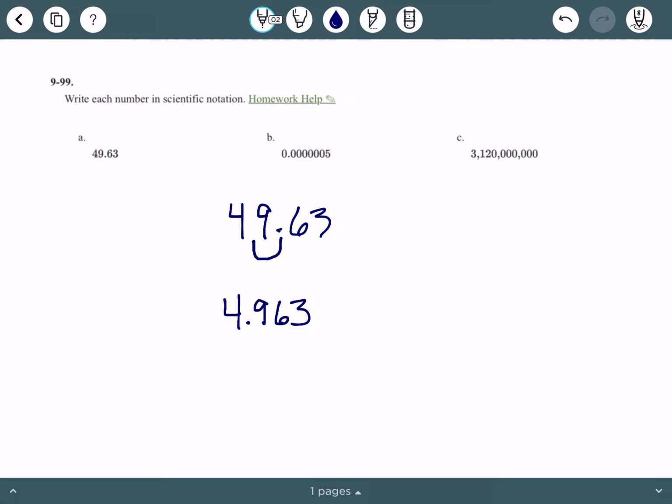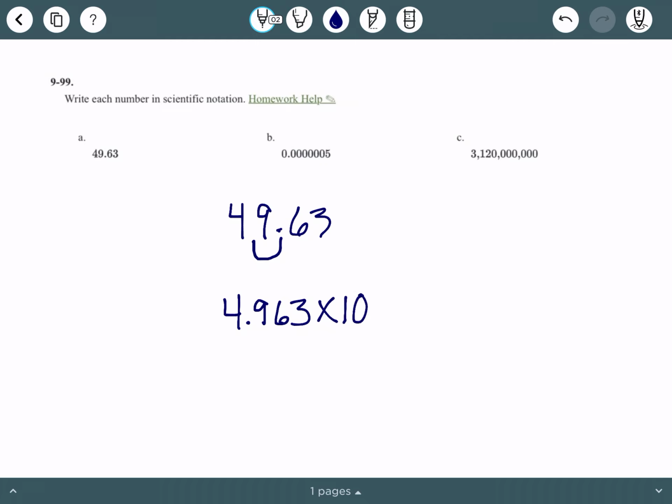What I need to do is multiply by a power of 10. Another important part of scientific notation is that your multiplication sign is that X symbol of multiplying. We don't want to use the multiplication dot just because it's easy to confuse that with a decimal. So we're going to have 4.963 times a power of 10.